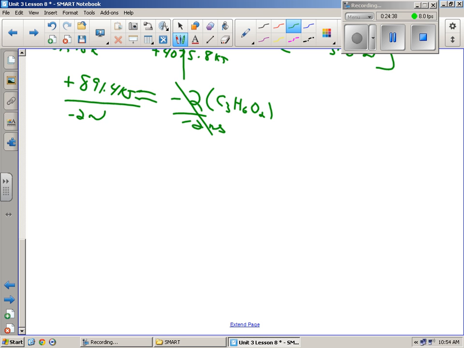And dividing by negative 2, I get a negative 445.7 kilojoules per mole C3H6O2. So that is my heat of formation for C3H6O2. Good? Yes, no?